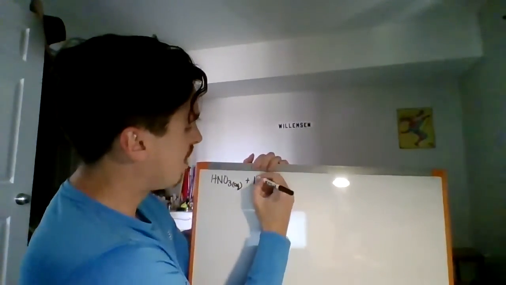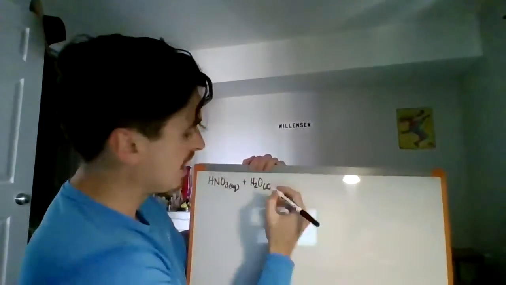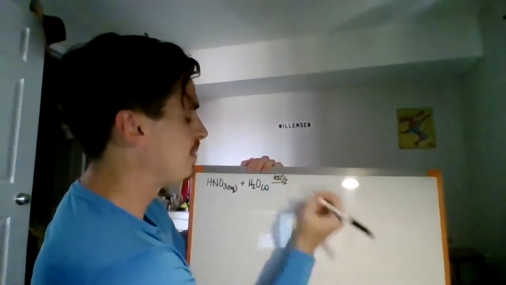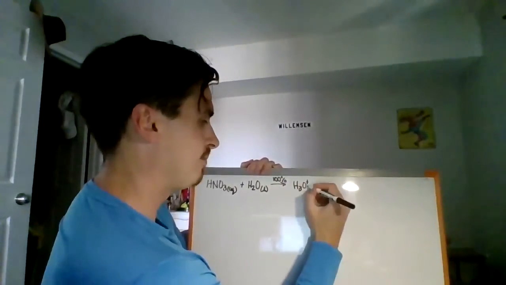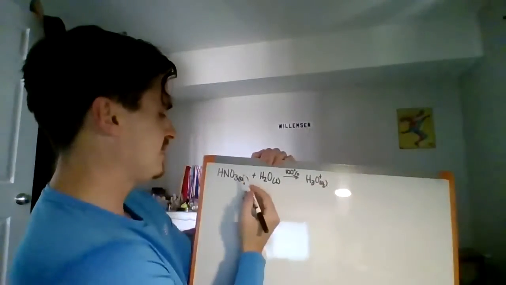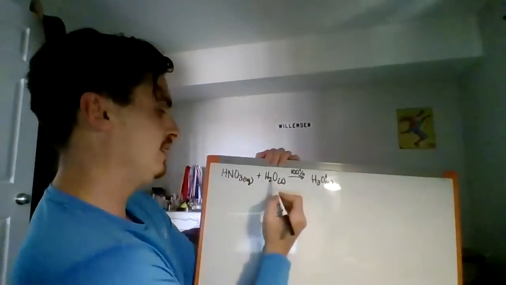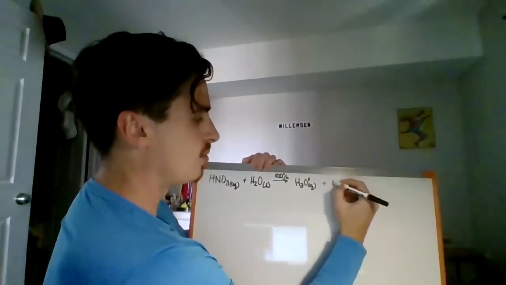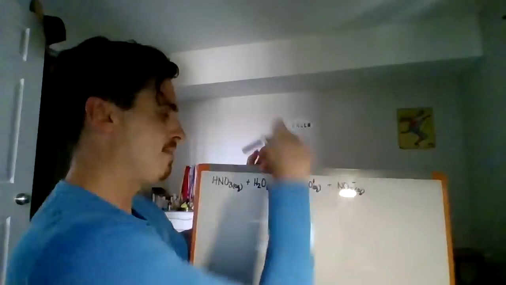And because it's in water, it reacts with water. Because it is a strong acid, we draw a single arrow, put 100% above, and it's going to produce hydronium, okay? Now, that means that this hydrogen went from HNO3 over to water. It lost the hydrogen, which means the remaining ion is NO3 minus, okay?